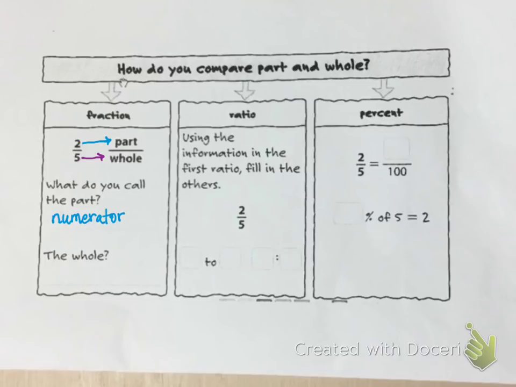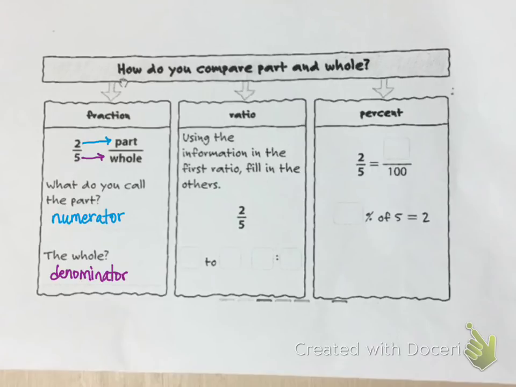Okay, well, what would we call the whole? Well, that's in the bottom, so that would be the denominator. So the denominator is the whole number, just like 100 is the whole number when you're doing a fraction as a percent, as a fraction. The numerator is the part number, the number on top.